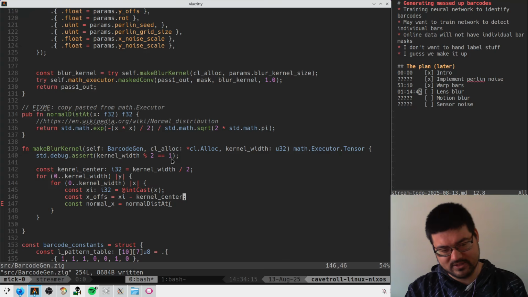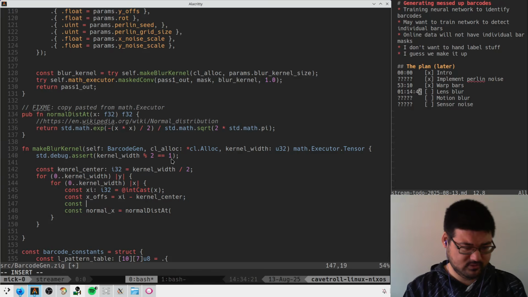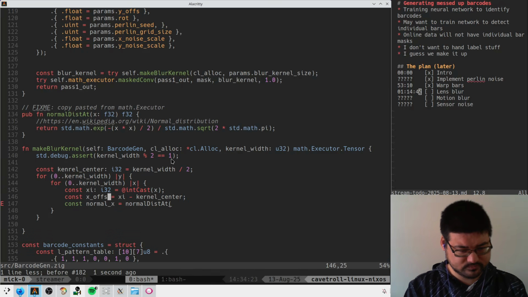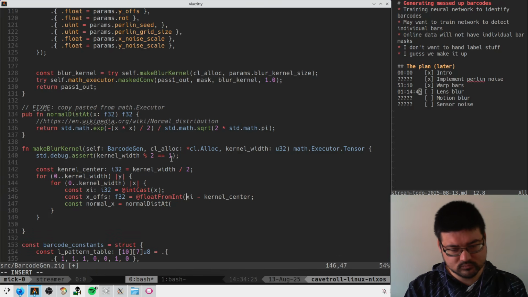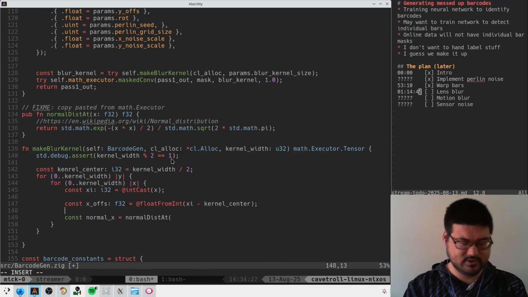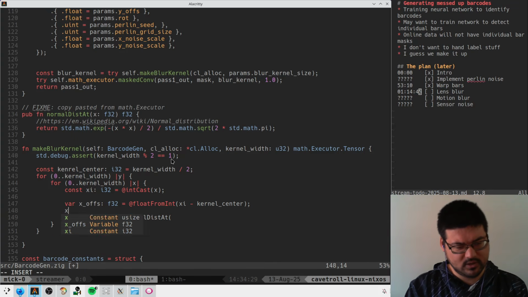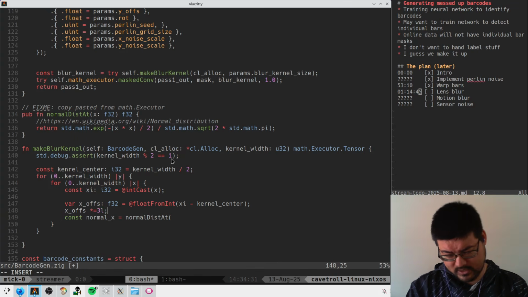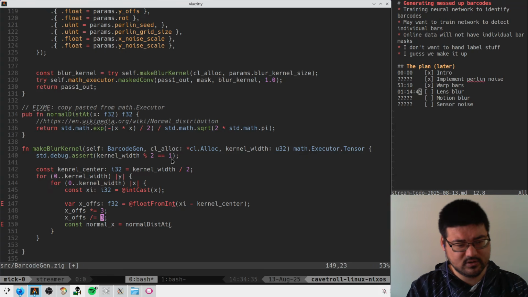We need to multiply this by 3 over kernel center. So we do x offs times equals 3, and divide equals kernel center. Yes.